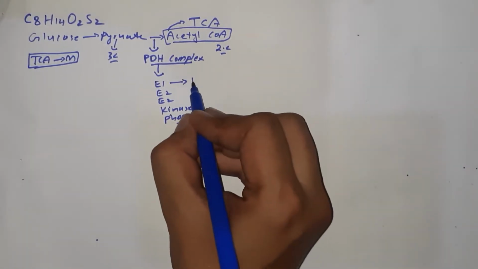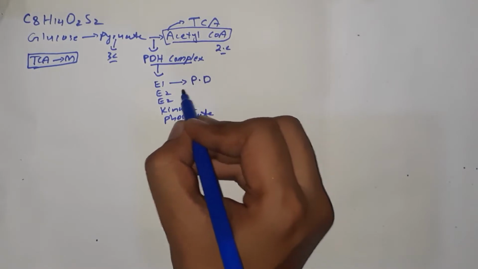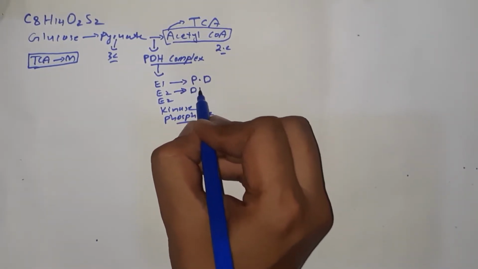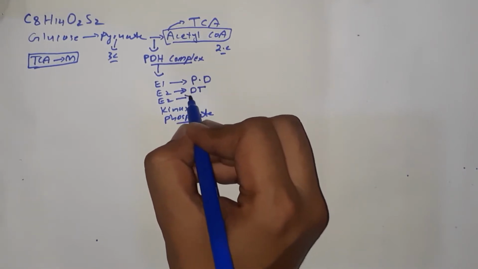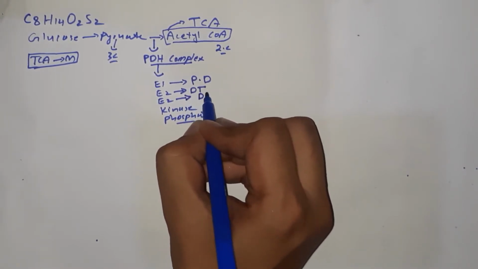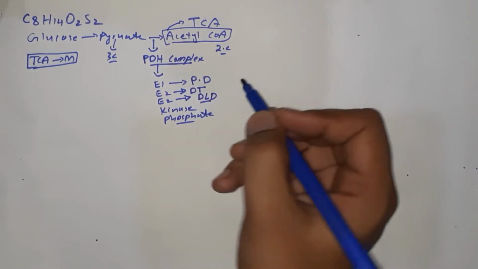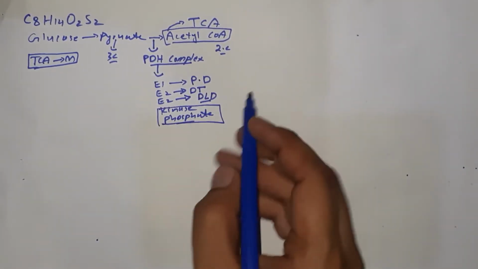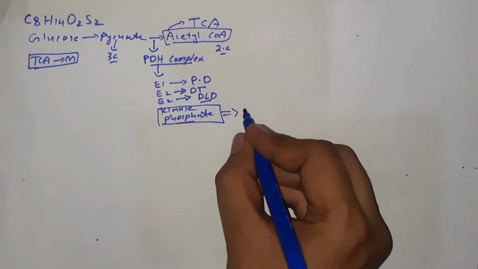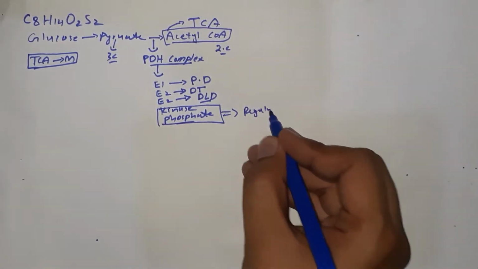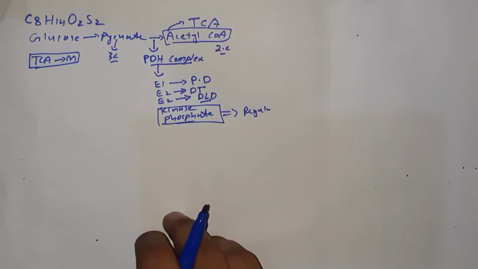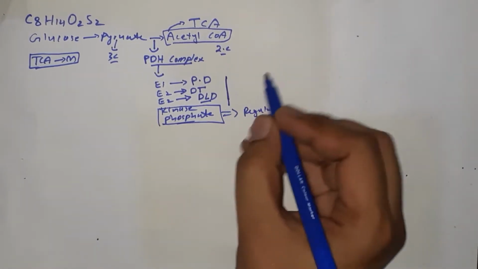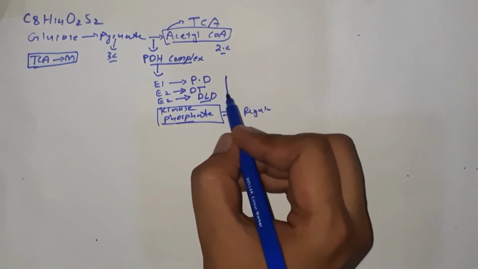E1 is regarded as pyruvate decarboxylase, E2 is regarded as dihydrolipoyl transacetylase, and E3 is regarded as dihydrolipoyl dehydrogenase. So these are the three catalytic activities, and kinase and phosphatase play a role in the regulation of this complex.